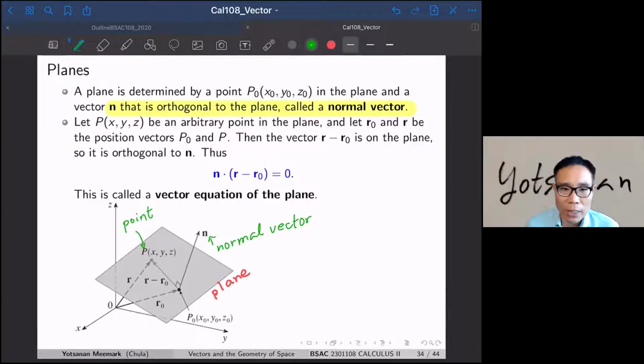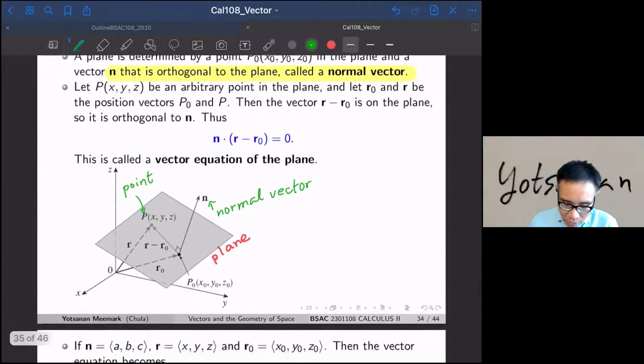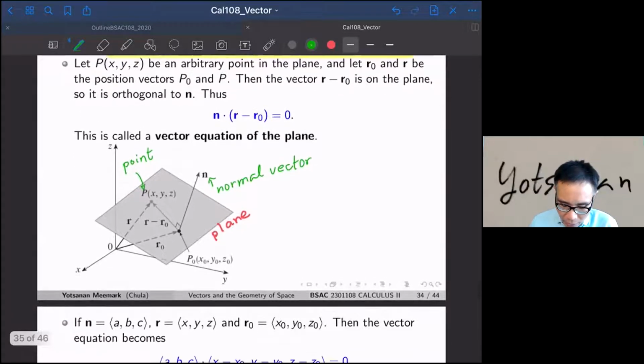And this will allow you to construct an equation of the plane. If you have any point x0, y0, z0, sorry, I made a mistake here. So the point is here. Okay, so you have one point on the plane and you have the normal vector.